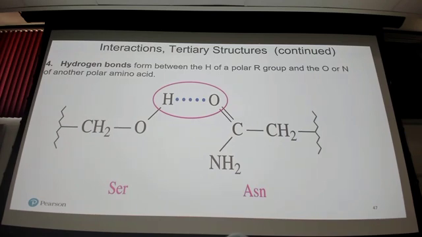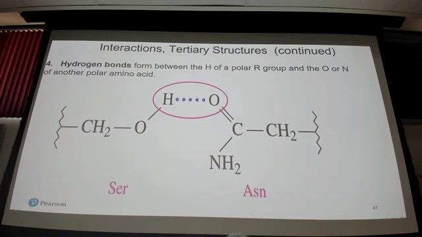So you just need to know the functional groups that are polar, and if you see two polar functional groups, then it's a tertiary structure and it's a hydrogen bond. Does that make sense?